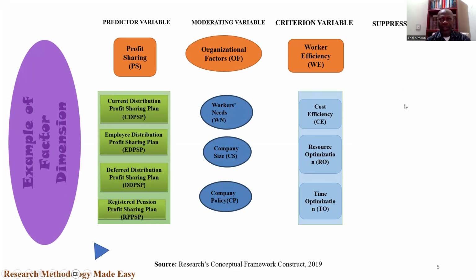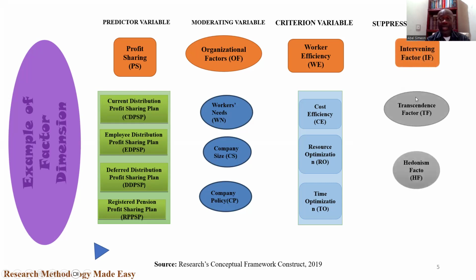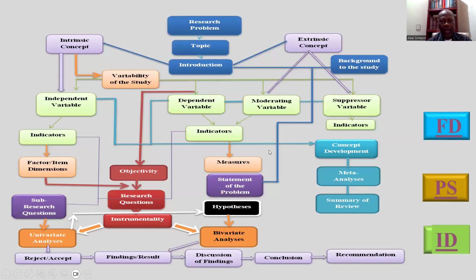Then look at the suppressor variable, which is the intervening variable, if you like to call it. It's like transcendence factor, and then we have endorsing factor. These two are not on the topic, so they are extrinsic, external. Let's go back to our schematic diagram.